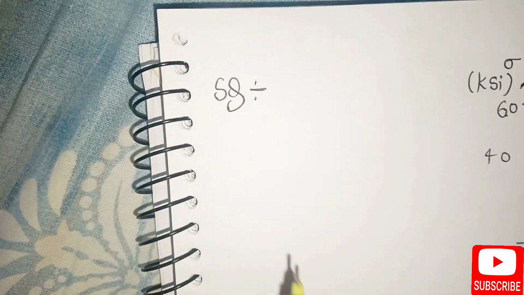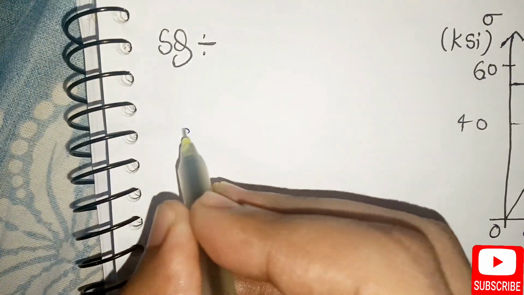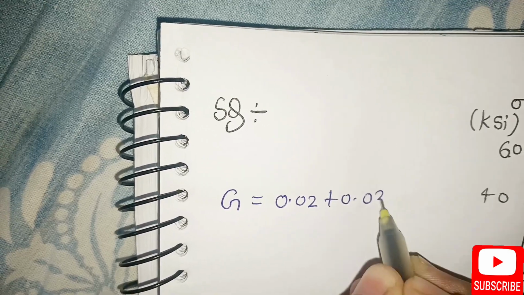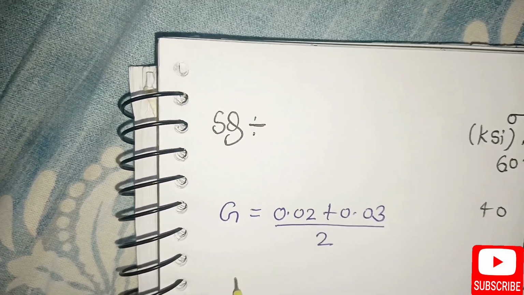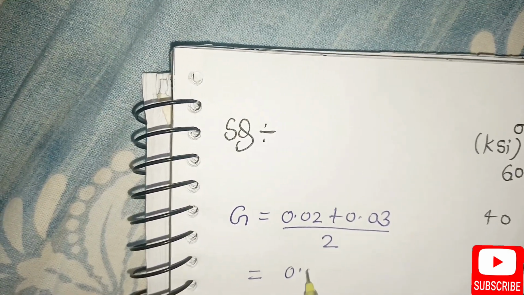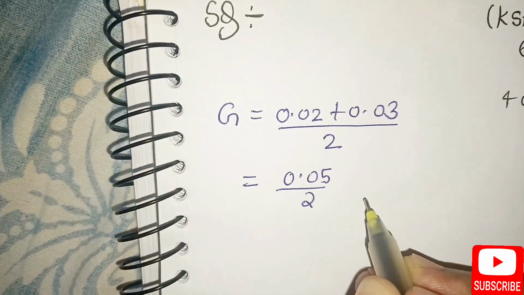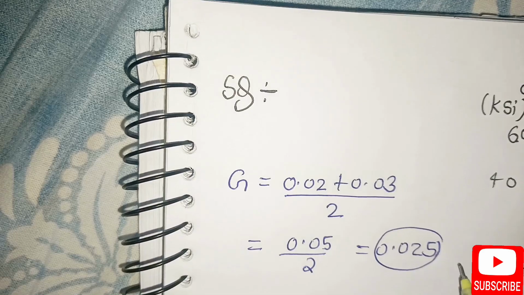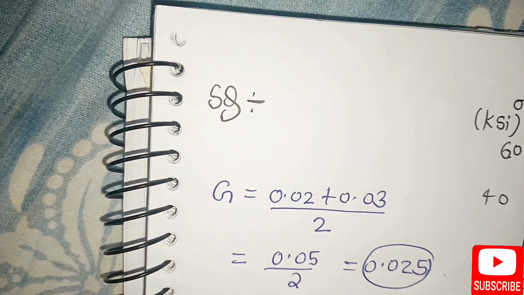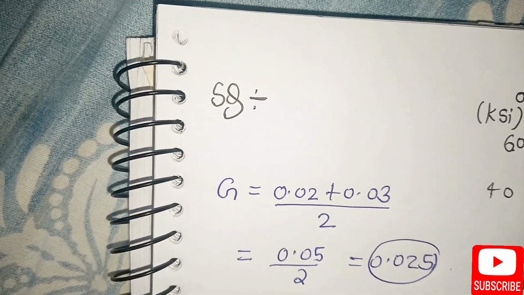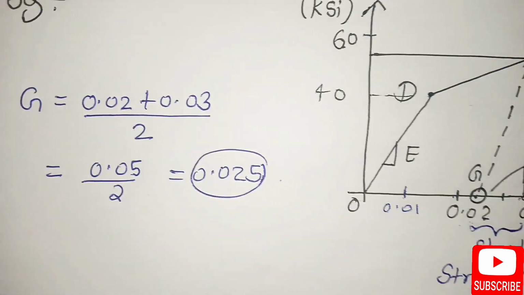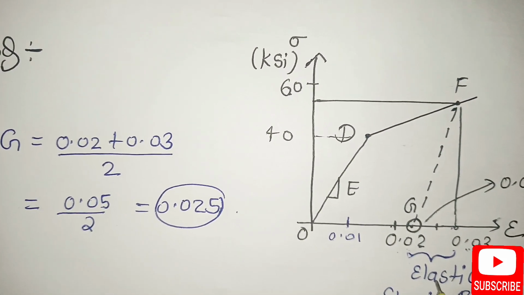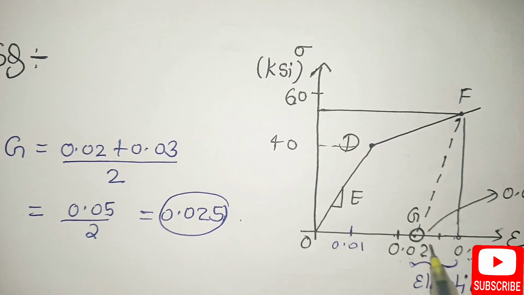So the coordinate corresponding to G can be calculated as 0.02 plus 0.03, since it is the midpoint, halfway between, that is the arithmetic mean. So it is 0.05 divided by 2, which is simply 0.025. So the strain corresponding to point G is 0.025, and I have mentioned it here also. So this much amount of strain has been recovered in the elastic strain recovery.